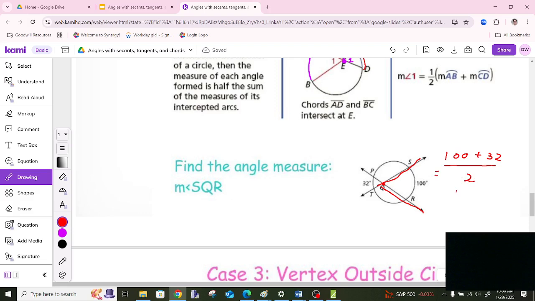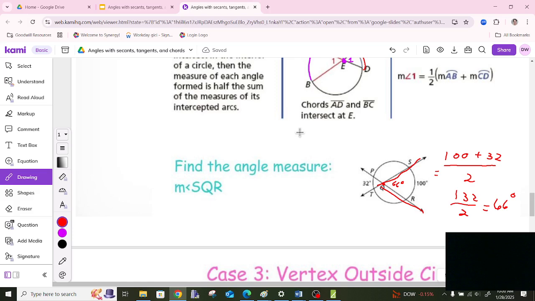What's 100 plus 32? 132, divided by 2 is equal to 66. So this would be 66 degrees, and the vertical angle on the other side would also be 66 degrees.